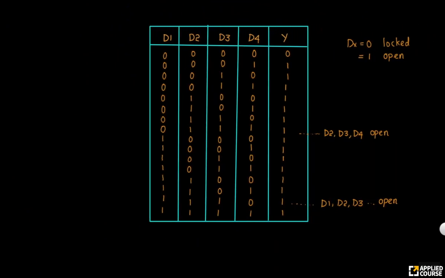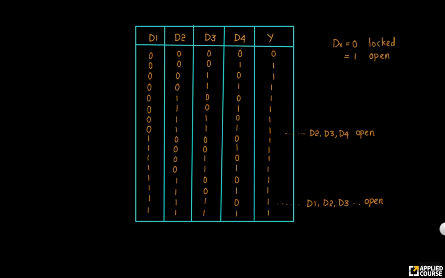Since there are 4 doors, we can have 16 input combinations, and their decimal values vary from 0 to 15.